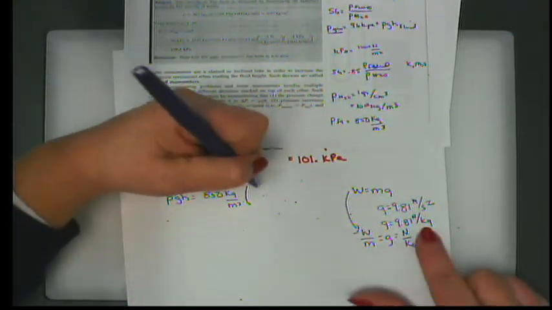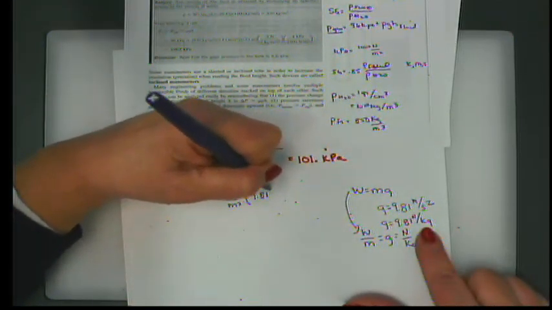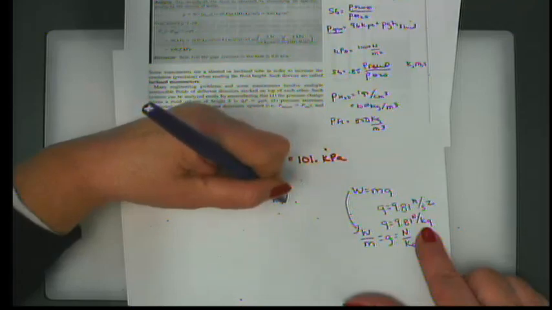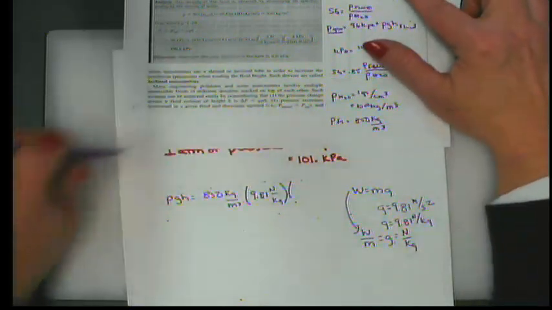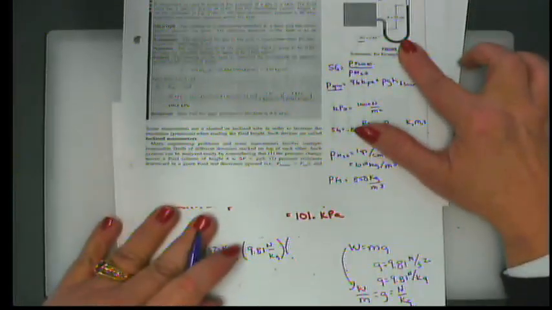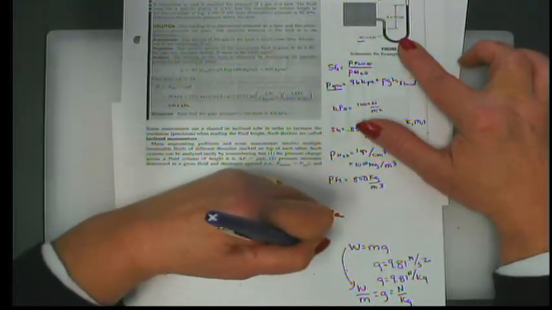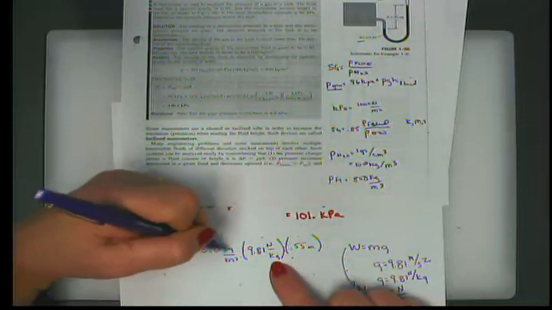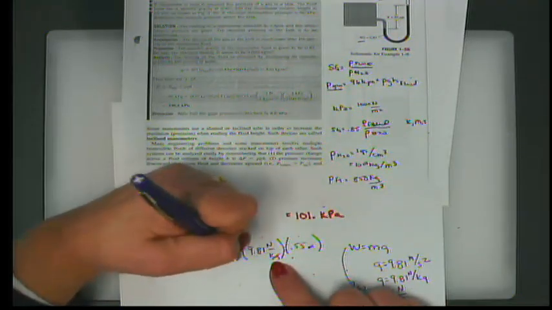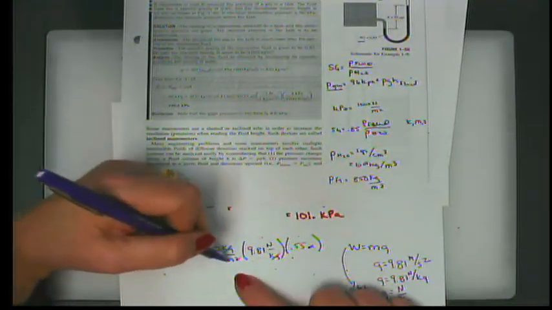So I take my rho, multiply it by 9.81 newtons per kilogram, and multiply it by the height of my column, which is 55 centimeters. Need to report that in meters, 0.55 meters. And I can see from my units that I'm going to get Newton per meter squared.